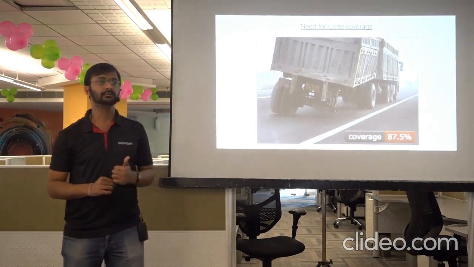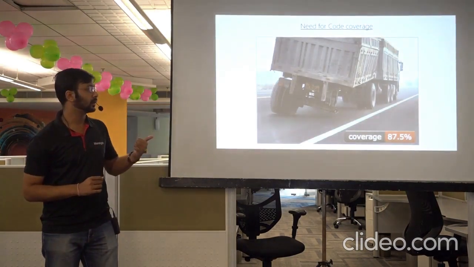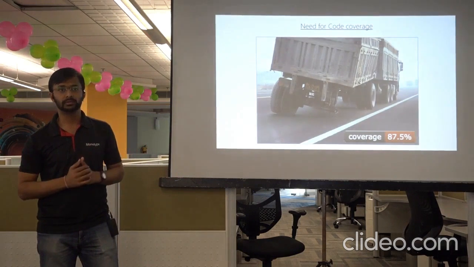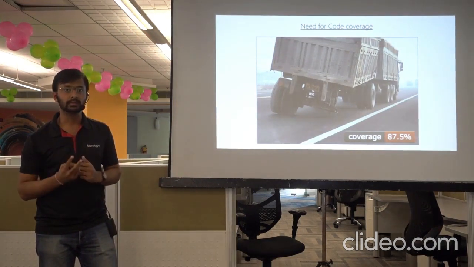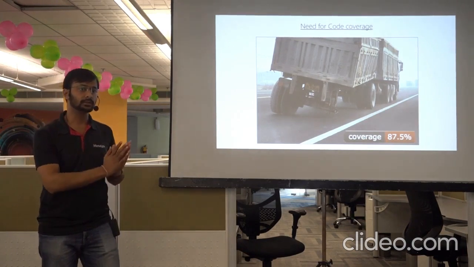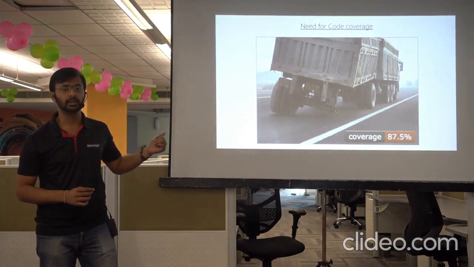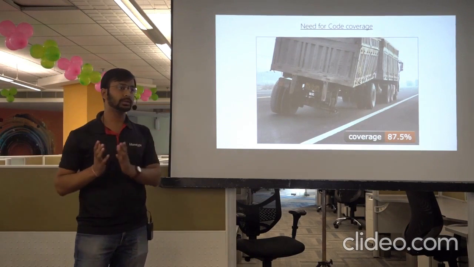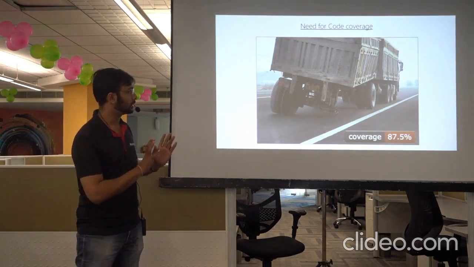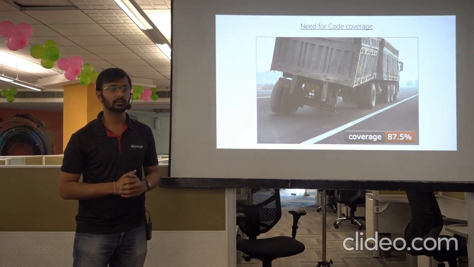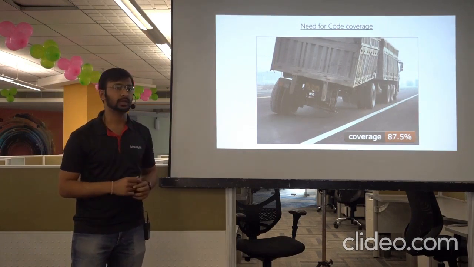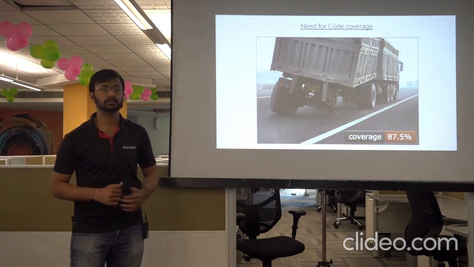Secondly, even if you get good code coverage, can you be sure? Once you have the code coverage, which we will show in the demo, are you okay if you get 87.5% code coverage and your product goes to production like this?